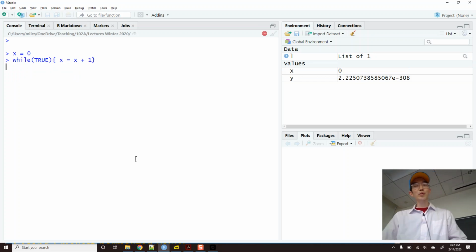I let this run, and it's just adding 1 and counting 1, 2, 3, 4, 5, 6, 7. I let this run for a long time, and let's say my computer was super fast, and I come back a month later. What will my computer reach?